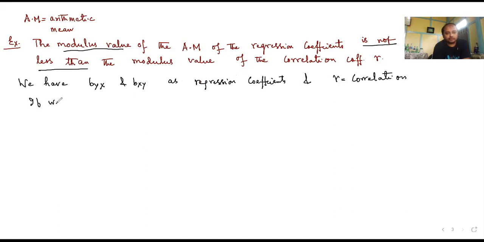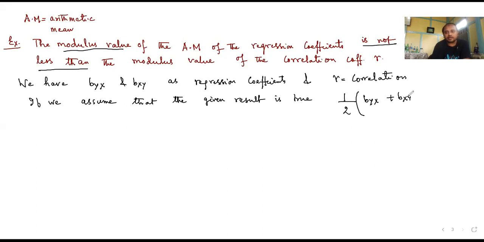If we assume that the given result is true, that means half of the arithmetic mean of the two regression coefficients byx and bxy, the absolute value of that, is not less than the absolute value of the correlation coefficient R.